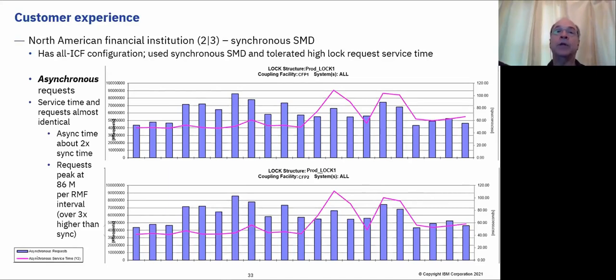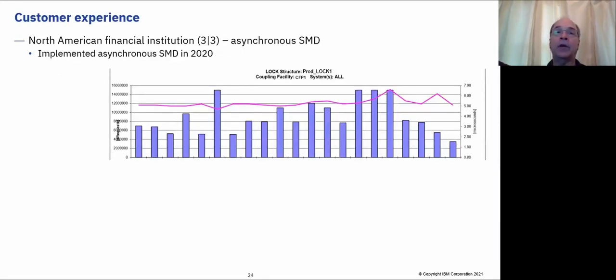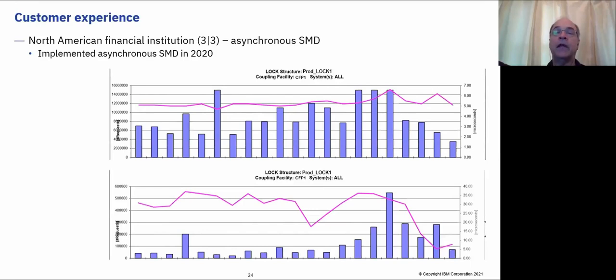Now, this customer implements async SMD, and we're going to take one of the days for which I have data. The top one is the primary structure and the bottom one is the secondary structure. The number of requests are vastly different because all of the requests go to the top one and only the queries go to the lower one. If you look at the scale for the left-hand axis, you'll see there are way more zeros on top.